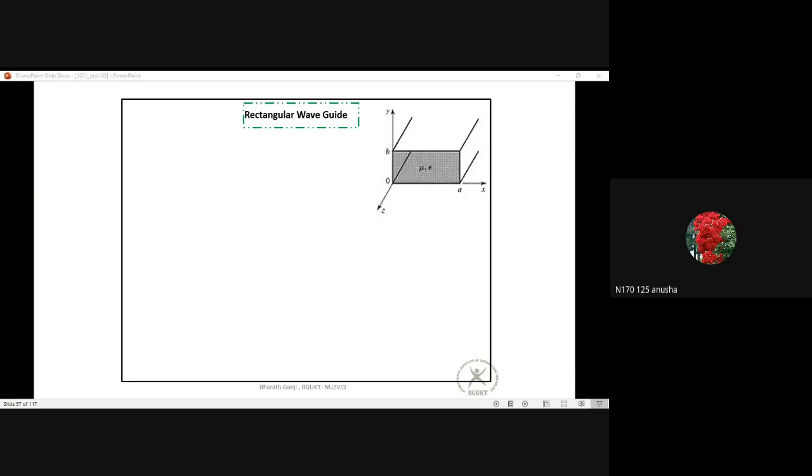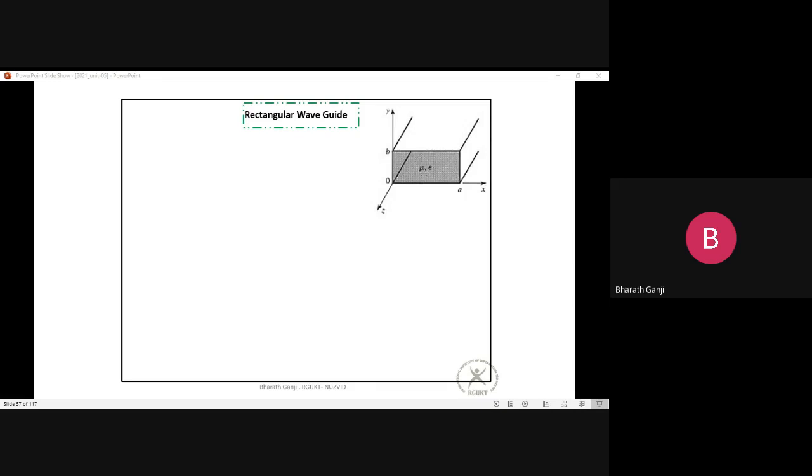Hello students. In the last session we started with rectangular waveguides, and we calculated what kind of field patterns a transverse electric and a transverse magnetic mode will have.